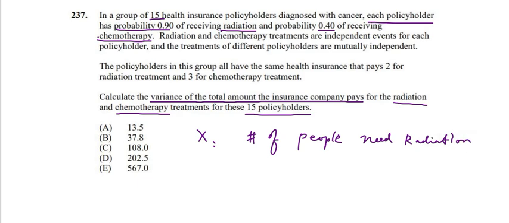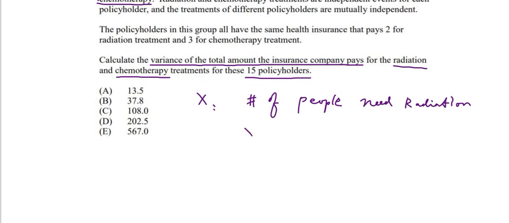If you only consider this x, forget the y, just focus on this treatment, we know this x follows a binomial distribution, right? Totally we have 15 people. So among 15 people, how many will need this treatment? So this p, the probability that this thing happens, is 0.9.